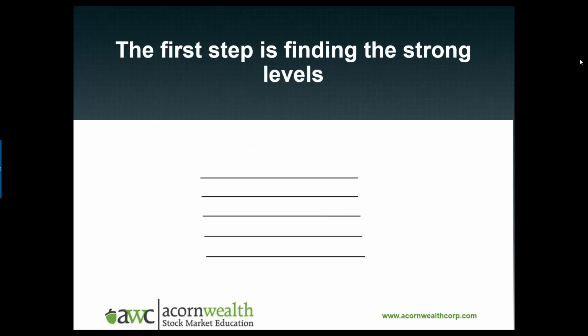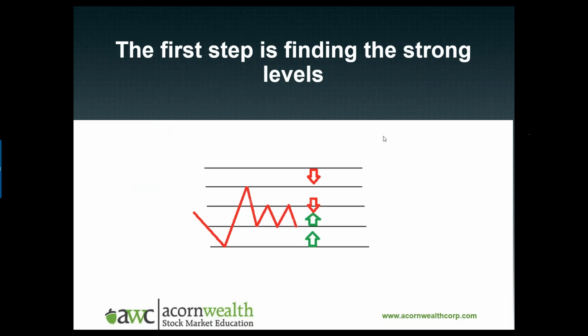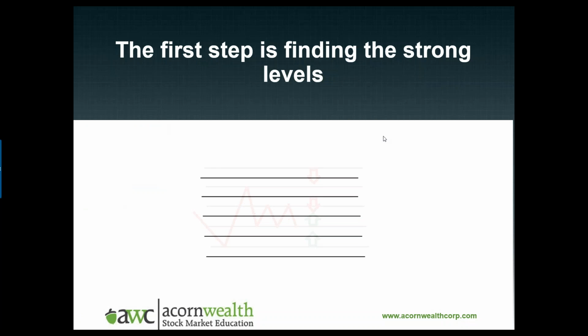Okay, so I'm going to fast forward through some of this stuff because we're already jumping into the advanced topics. Basically, if you identify that a stock is oscillating, then the key thing you have to look at is where are the most powerful oscillation levels.